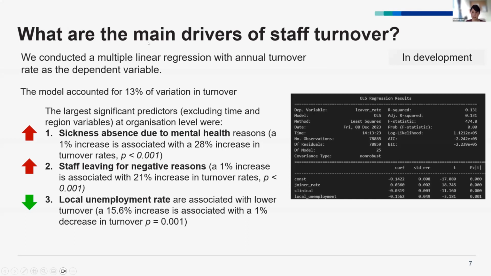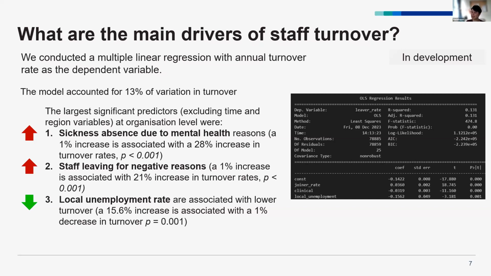So the other thing I mentioned that we did was a multiple regression, taking a look at some of the things we know relates to staff retention and determining exactly what impact it has, which are the main drivers and what are the most significant or have the highest impact.